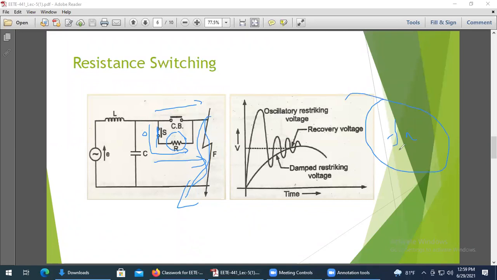Now whenever the frequency of the TRV is controlled or reduced, that means the rate of rise of TRV is also reduced, and by the reduction of the rate of rise of the TRV, you can control the effect of the TRV, which was supposed to restrict the electric arc. Understood?